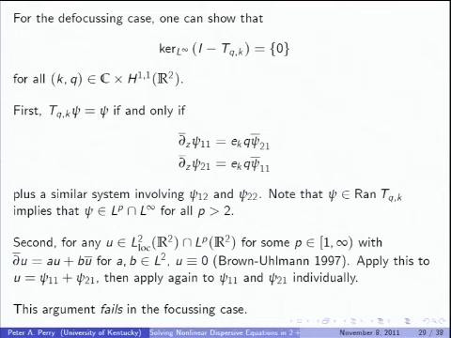So if one looks at the condition for a vector to be in the kernel, it corresponds to a homogeneous D-bar problem, and one can do the following thing. First of all, one notes that any psi in the range of this operator, because of its smoothing properties, is actually in a nicer space than L infinity.